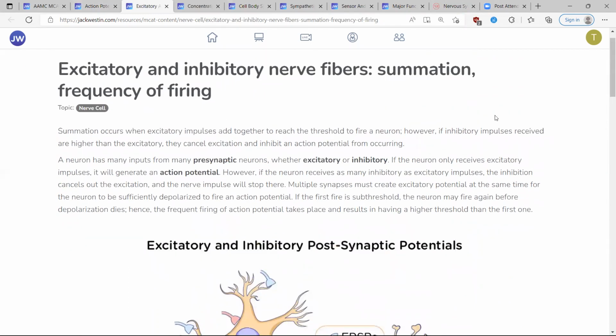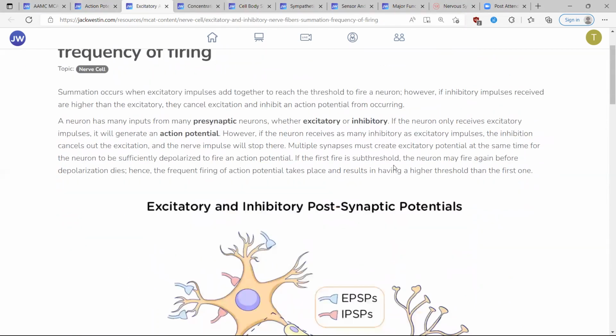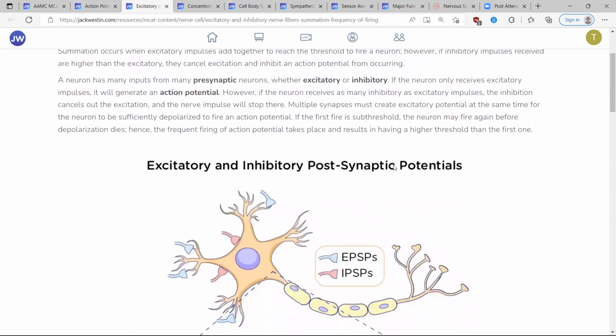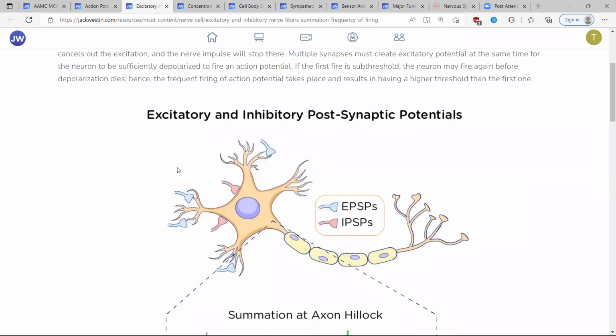This is good. This is a little bit more in depth on the summation. Like I was saying, this soma is getting signals from all different kinds of axon terminals. You can see that many different neurons have axon terminals coming into this one.